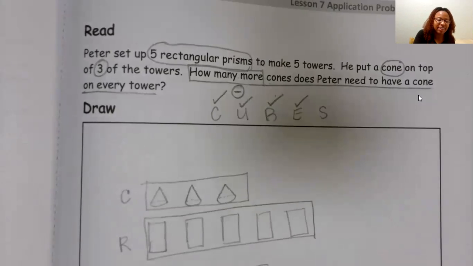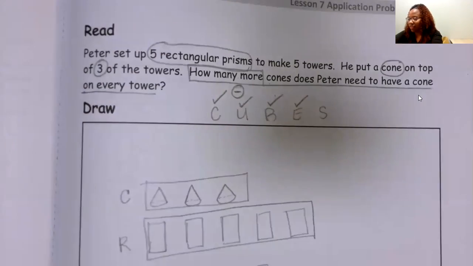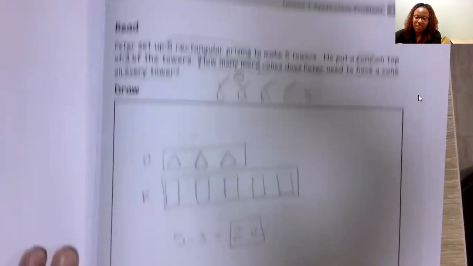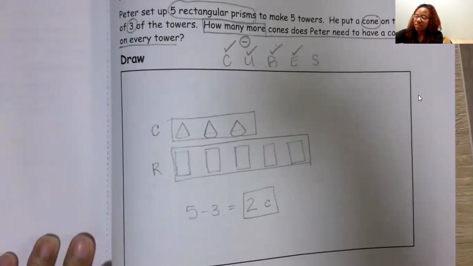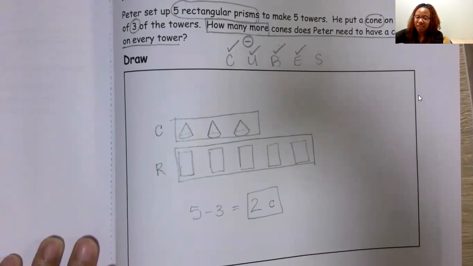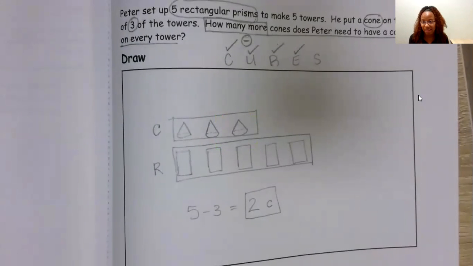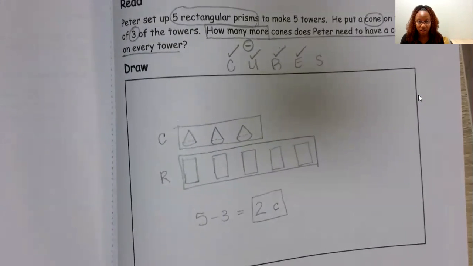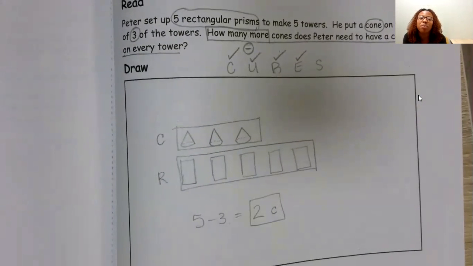Welcome back. All right, so now we can go ahead and we can compare our answers. My drawing, if yours does not look exactly like mine, it's okay. But I know from my word problem, I had 2 labels.